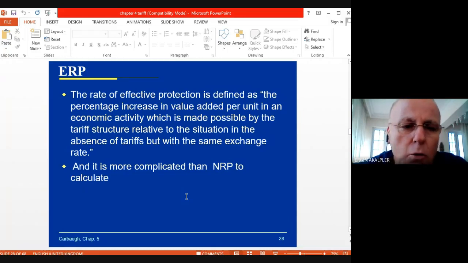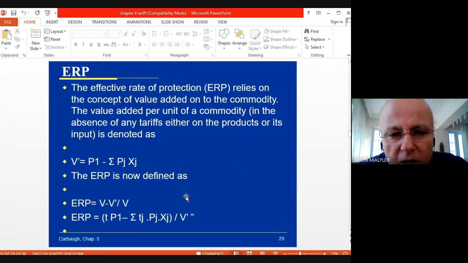The effective rate of protection relies on the concept of value added on the commodity. The value added per unit of a commodity in the absence of any tariffs, either on the product or on its input, is denoted as V dash, equal to P1 minus sigma Pj xj.